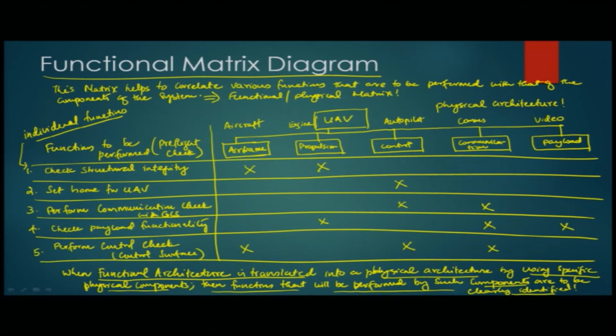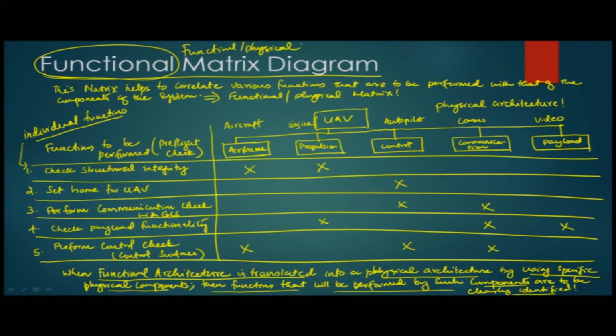One of the major things that we need to be very clear about is how the different physical components that are chosen to build the product will accomplish different functionalities. The right name for this, as the Department of Defense would call it, is the functional physical matrix.